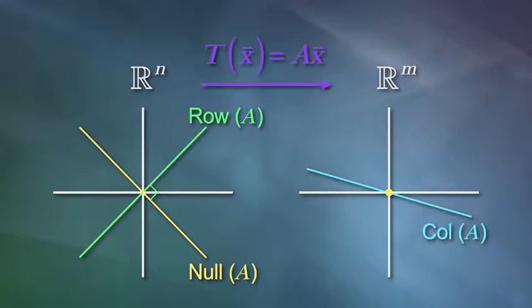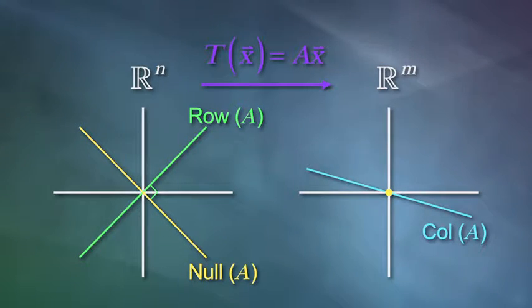Let's display a picture that might suggest what is going on. A linear transformation represented by A takes R^n to R^m. Here I've drawn both R^n and R^m as planes, but this picture is just meant to guide your intuition. The null space, indicated here in yellow on the left picture, lives in R^n, and it is the kernel of the linear transformation T of x equals Ax.